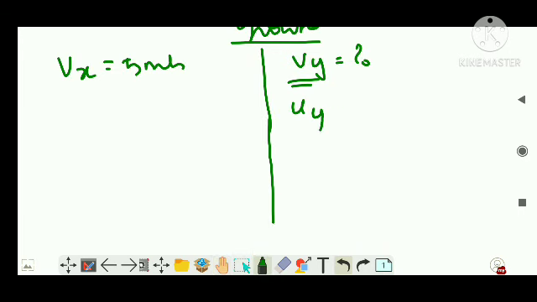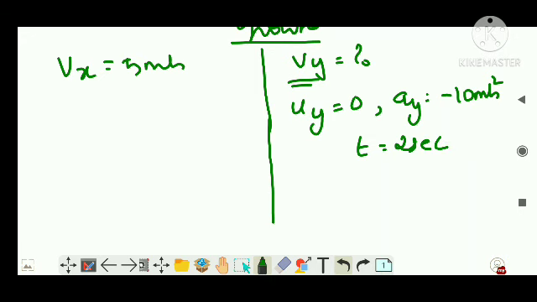You know uy, the initial velocity in y direction, is 0. Now what is ay? We found it as minus g, or I take it as minus 10 meter per second squared. And the time required to hit the ground is t equal to 2 seconds.